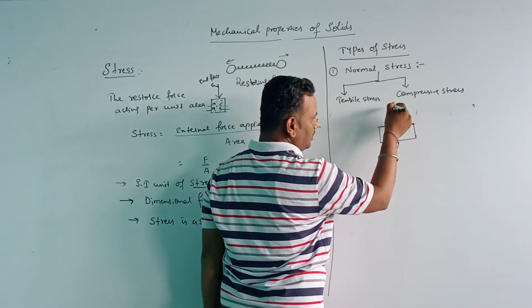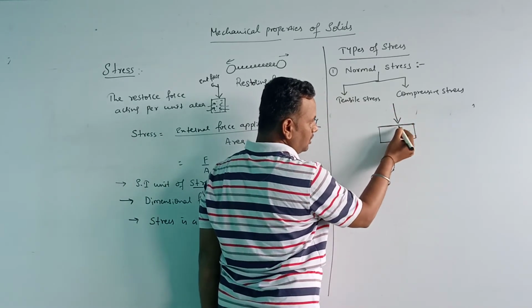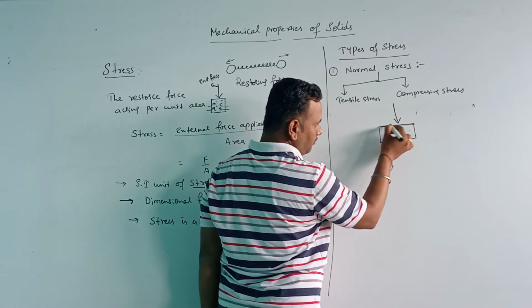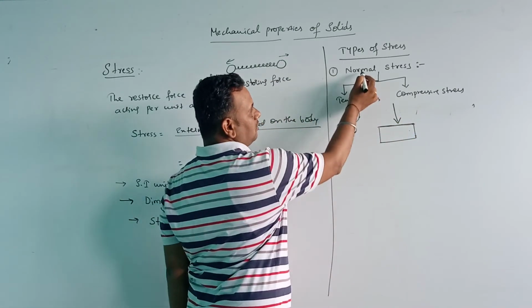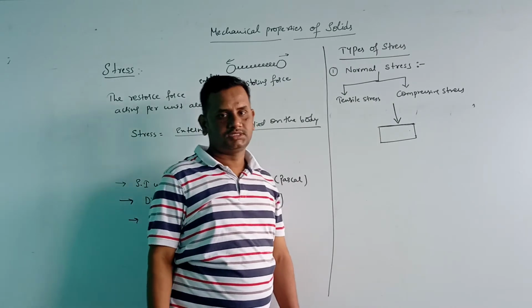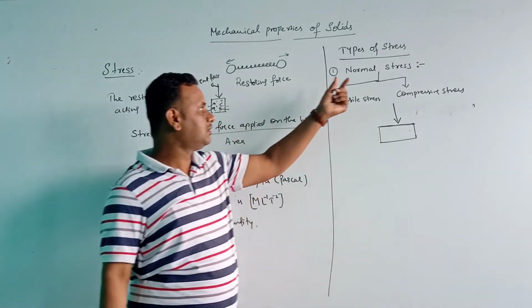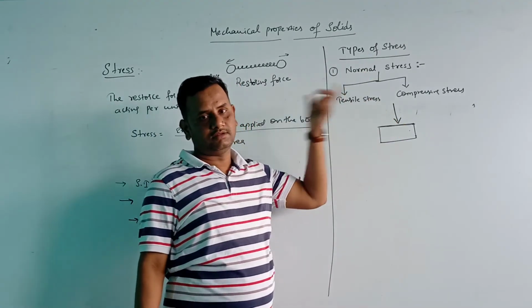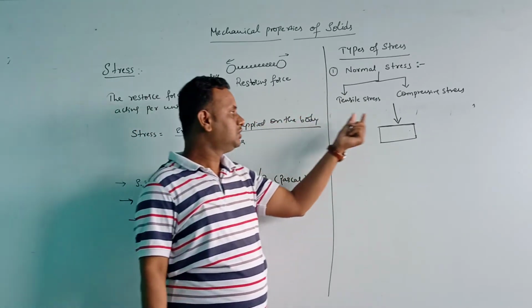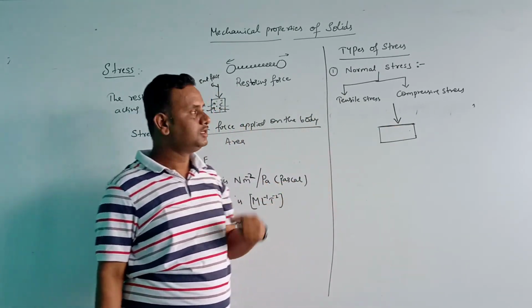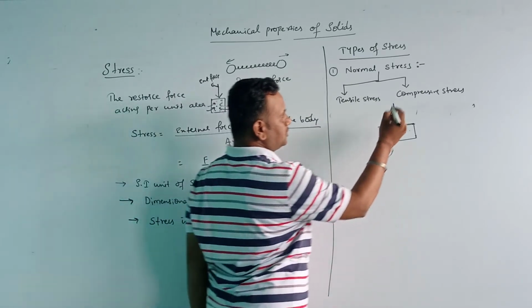So the restoring force per unit area perpendicular to the surface of the body is called normal stress. Here normal means perpendicular.